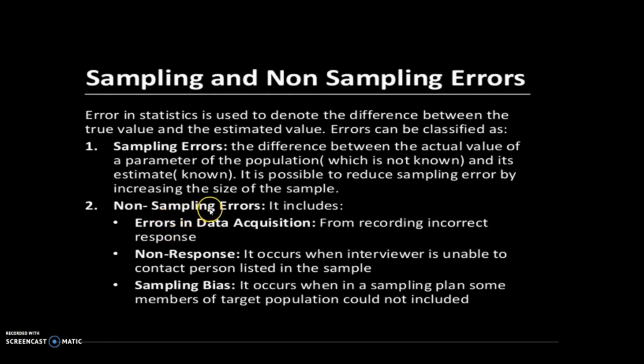Then what about the non-sampling errors? These non-sampling errors are more serious than sampling errors because a sampling error can be minimized by taking a large sample. A survey which includes every element of population is known as census or the method of complete enumeration. The census is carried out every 10 years.